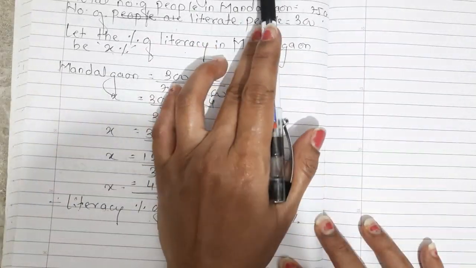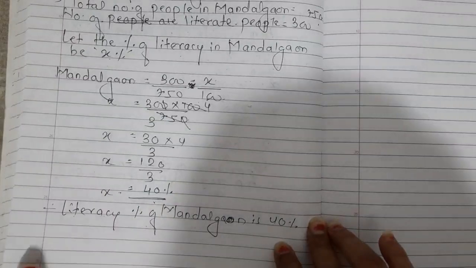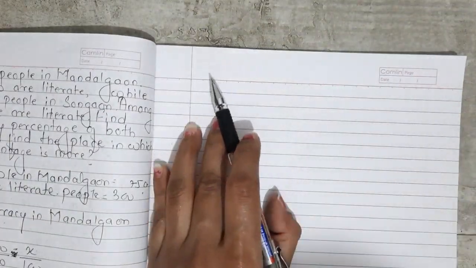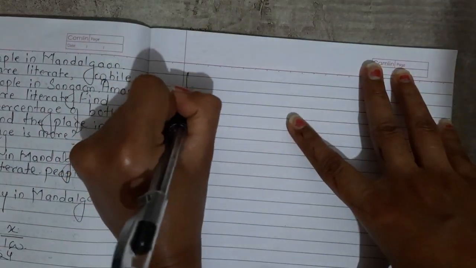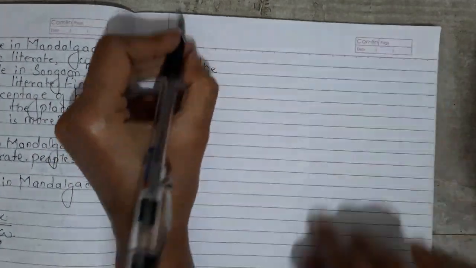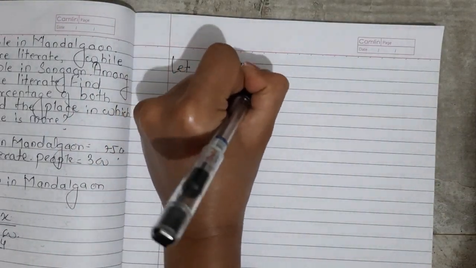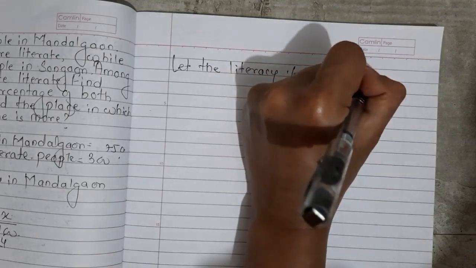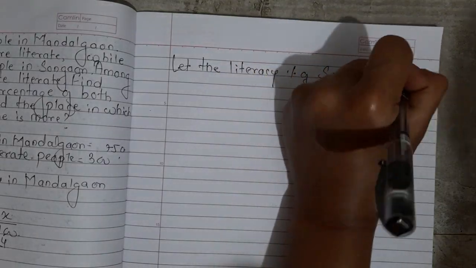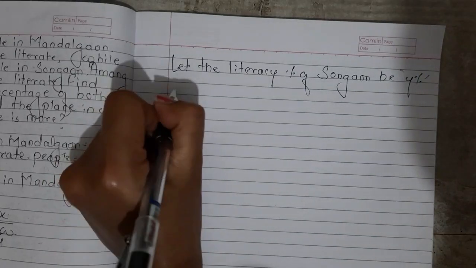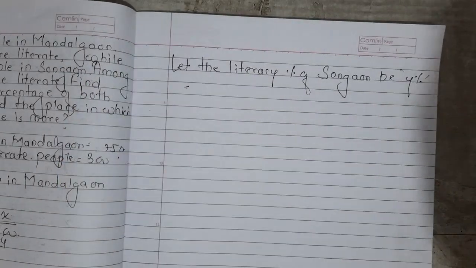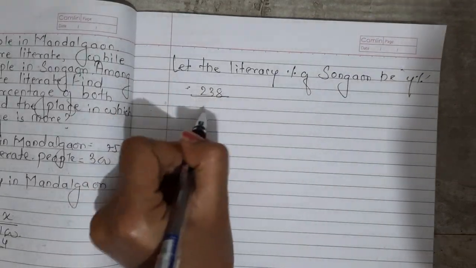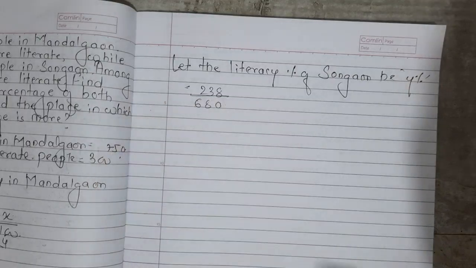Now we have completed the literacy rate of Mandalgaon. Now we have to find out the literacy rate of Songaon. So again, let the literacy percentage of Songaon be Y%. Okay. So there are total 238 people literate out of 680 people.